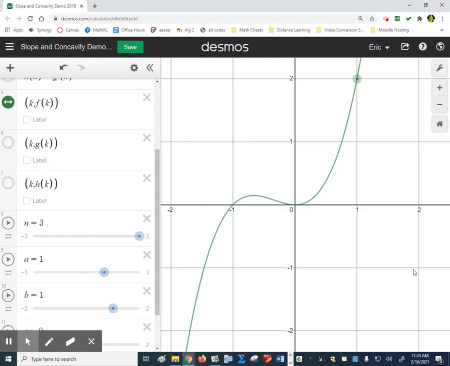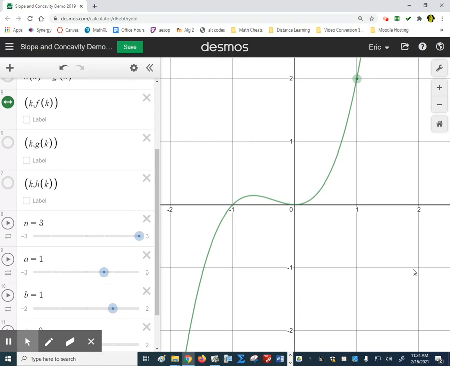Isn't that true? A maximum is just a place where a function is transitioning from positive to negative first derivative, or positive to negative slope, for example, right? So a point of inflection is a place where a function transitions from positive to negative concavity, or vice versa. Okay? So this is going to have a point of inflection.